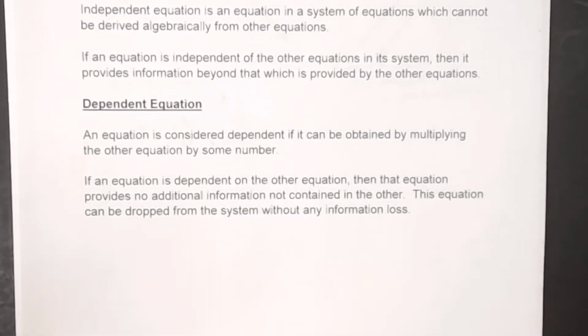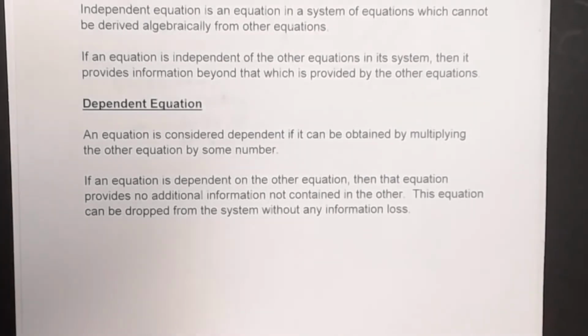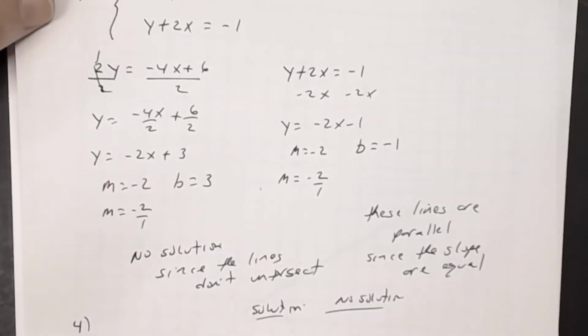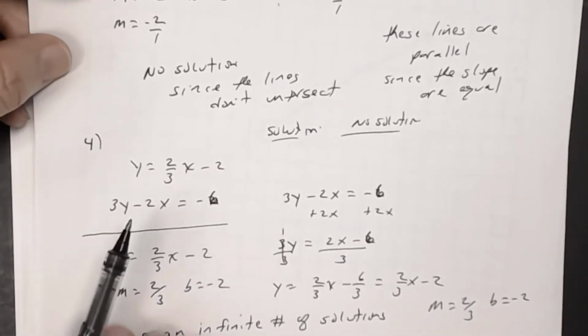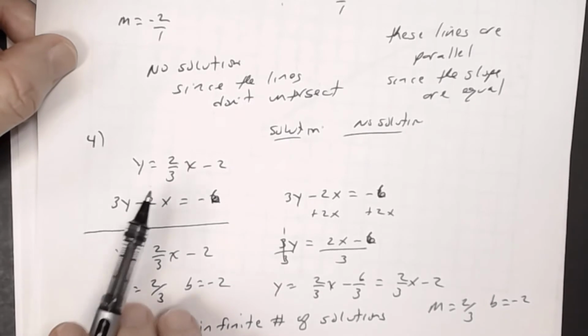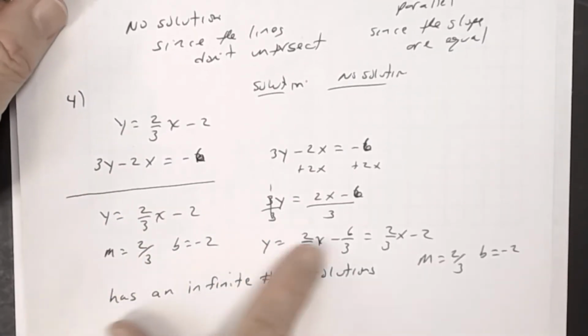Okay, so the other system. In the previous lesson, we looked at number 4. Remember, when we graphed number 4 and solved this system, we got slope-intercept form.